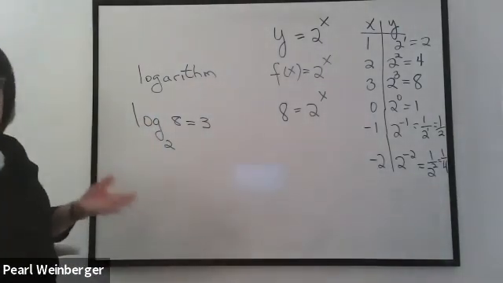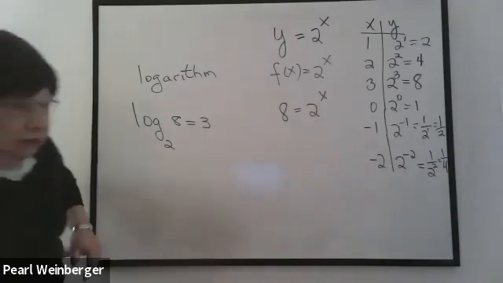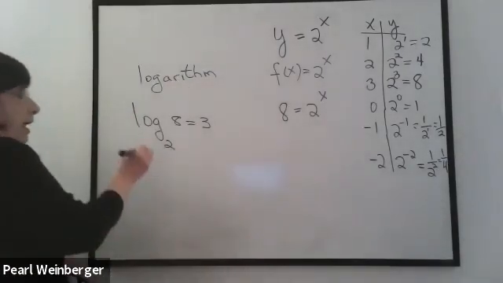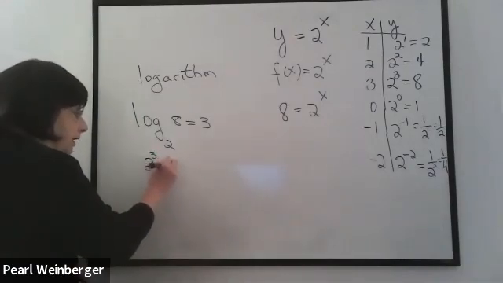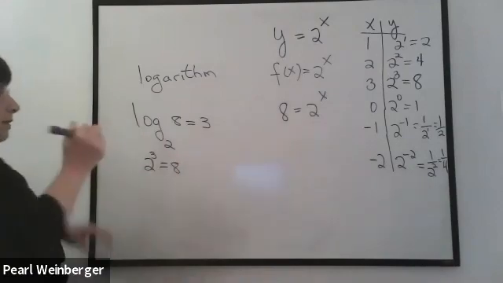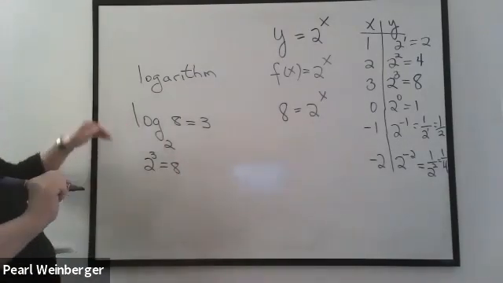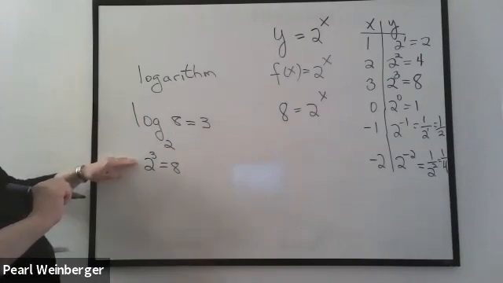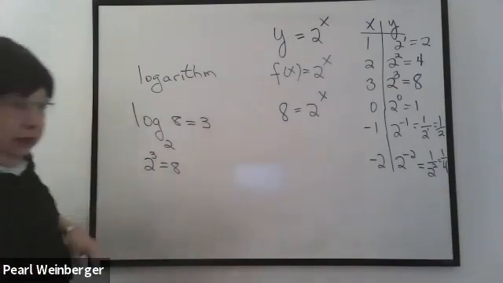Well, let me give you the interpretation. It actually means the same thing as 2 to the third power equals 8. These two statements are exactly the same. This is the exponential format. This is the logarithmic format.